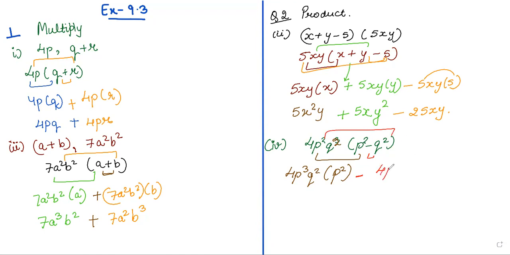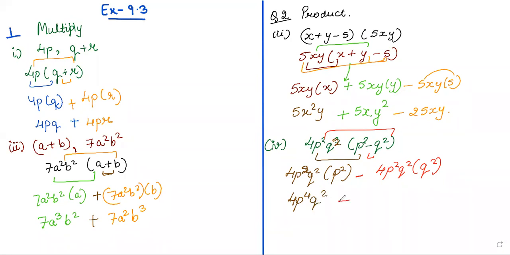Then multiply 4p square q square by q square. Q square into p square is equal to 4, p square into p square is p raised to the power 4 into q square.